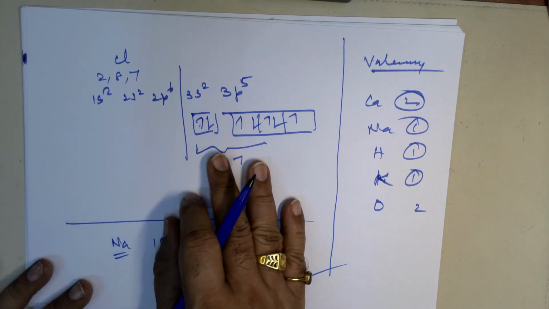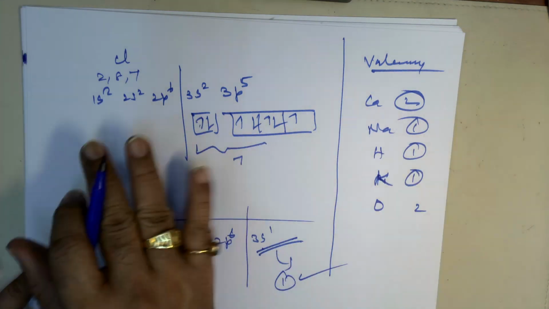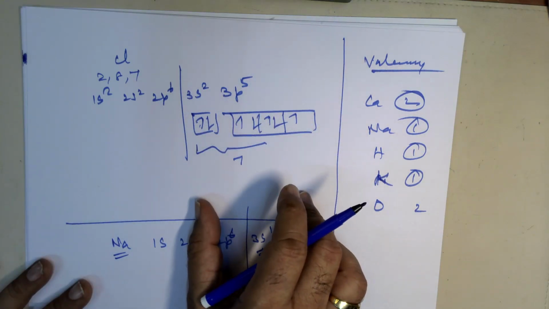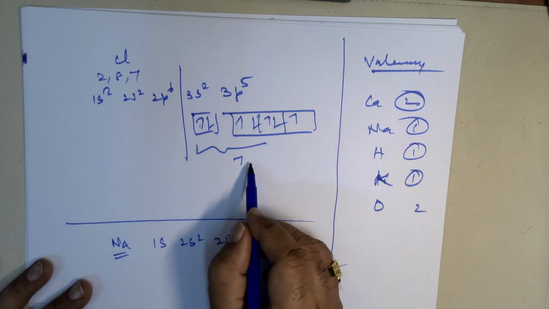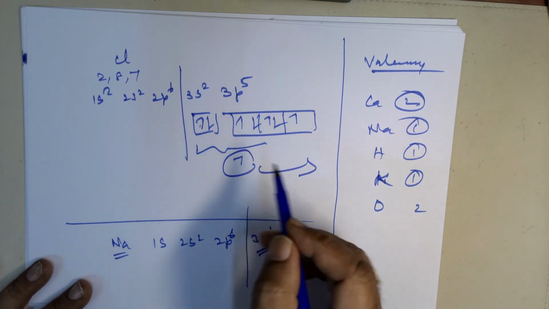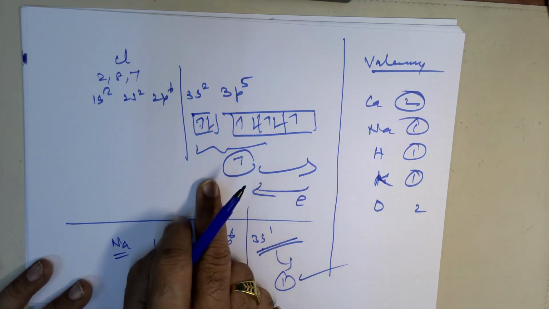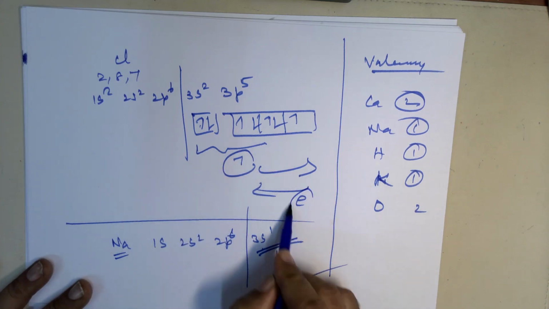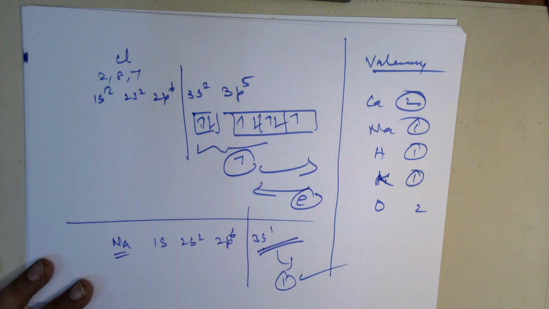So instead of exchanging seven electrons to some other atom and getting a bond, it will simply take one electron and attain the octet configuration. So instead of losing seven electrons, it is very easy to accept one electron, and that is why, since it accepts one electron, the interaction is only one, and you can say chlorine has got the valency one. Do you understand this?